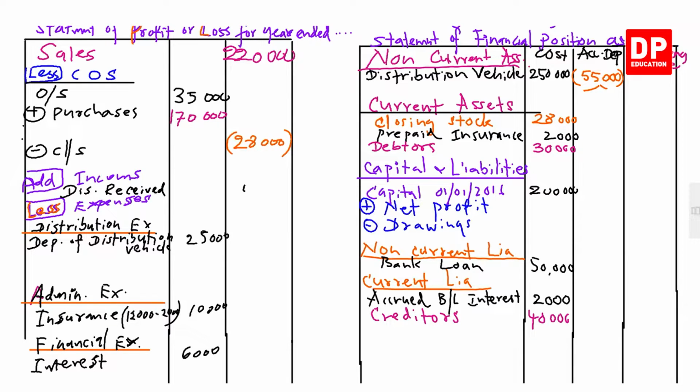Let's put it here in the second column. Discount received 4,000. And discounts allowed 2,500.